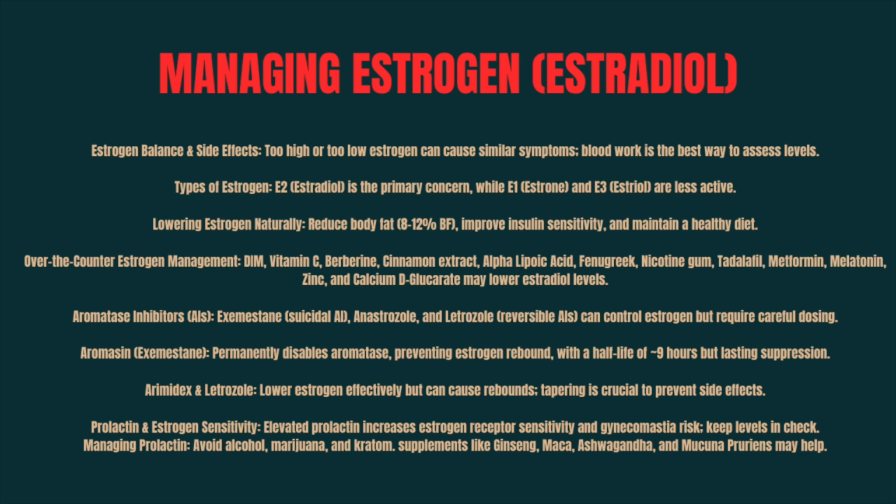I'll refer to it mostly as estradiol or E2, which is the active form of estrogen, but there's also E1 and E3. E1 is estrone and E3 is estriol, which are less active forms, but estradiol is the primary point of concern for managing estrogenic side effects.